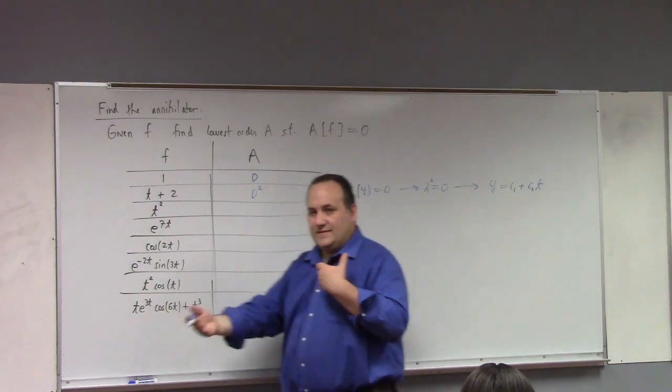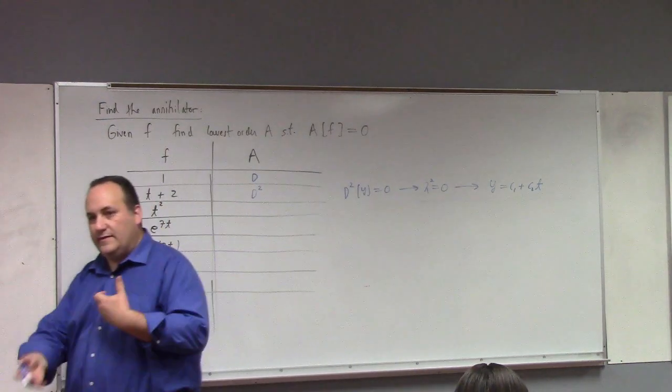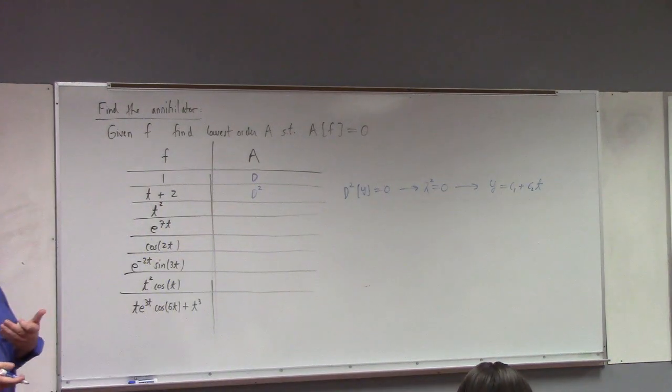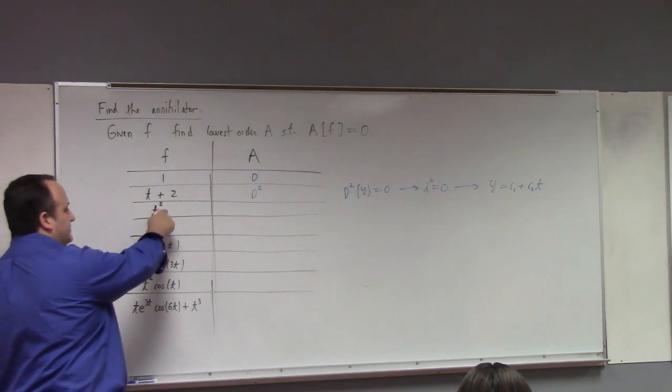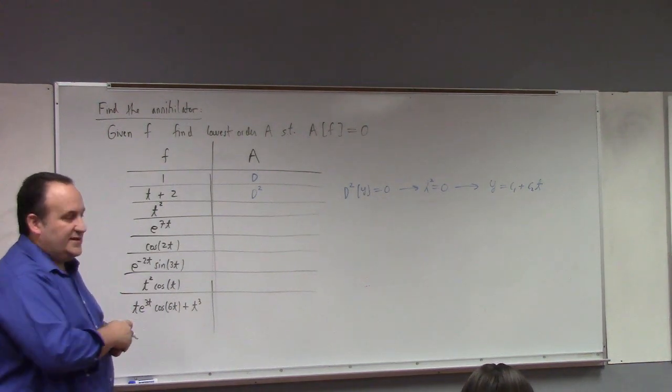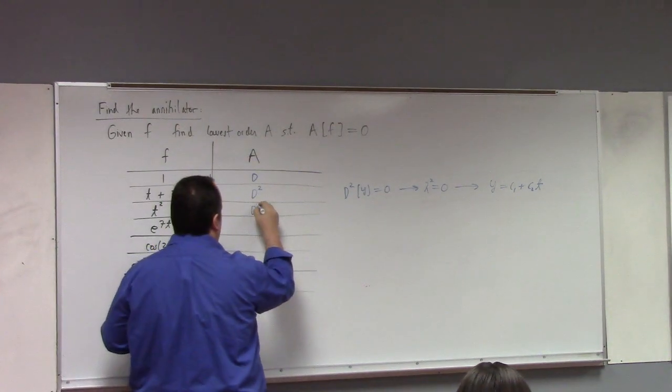So I can see that t and 1 are in the solution set for that differential operator. That will kill 1 and t. And 2 is just 2 times 1. All right, t squared. D cubed, all right, very good.